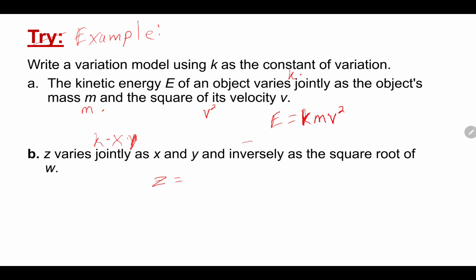And inversely, so this is the division, is the square root of W. And we're going to put this all together, so we have KXY divided by the square root of W.